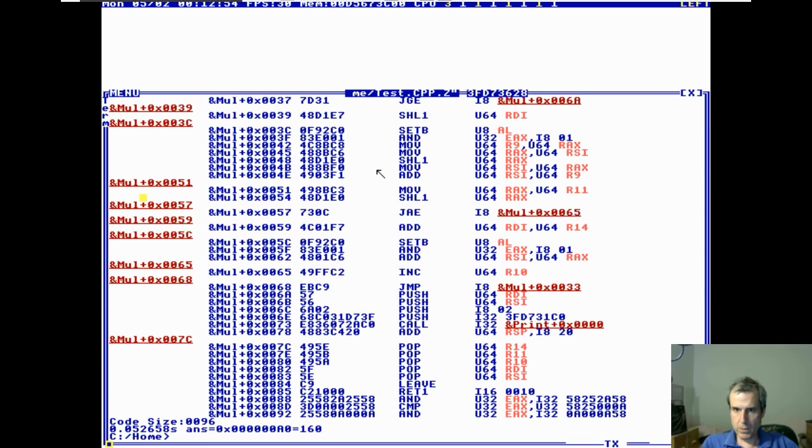Shit. Is there a binary? I think. In one.